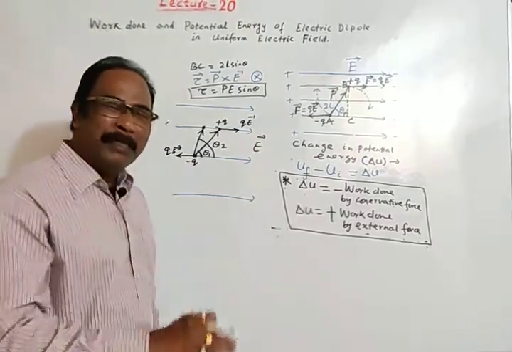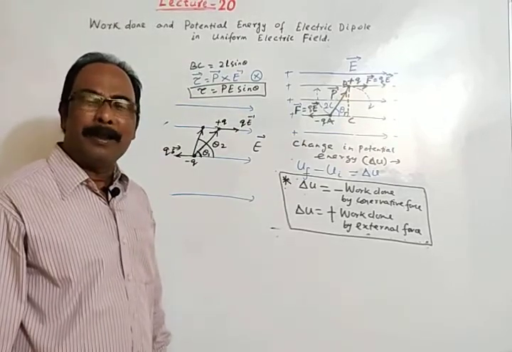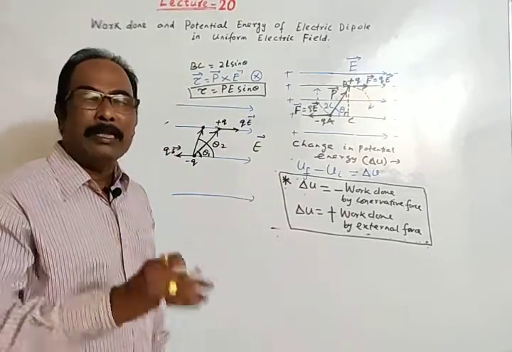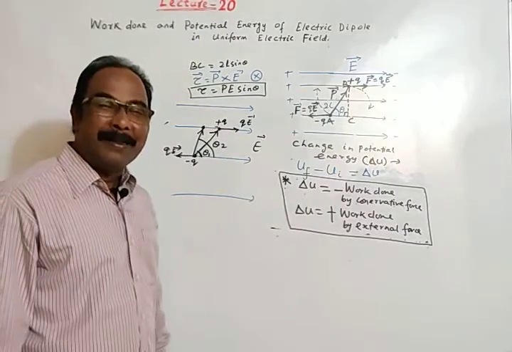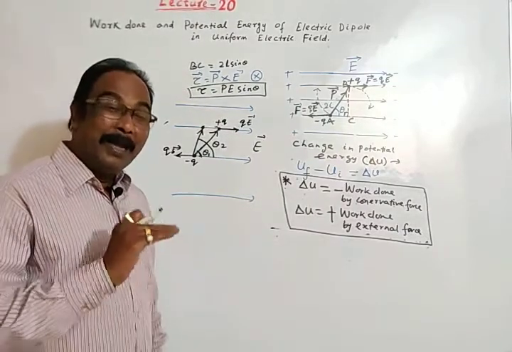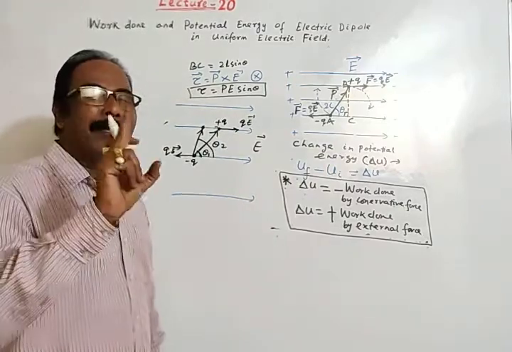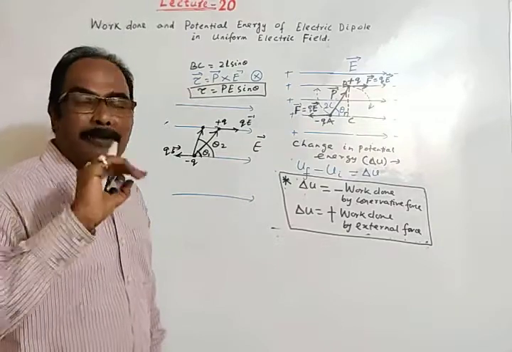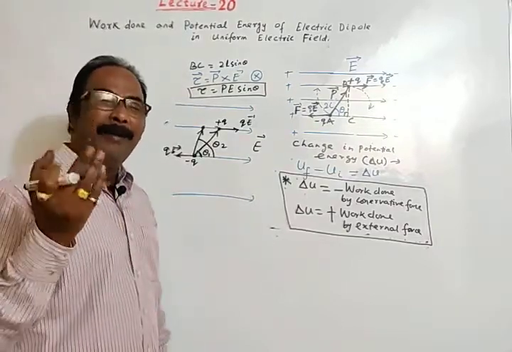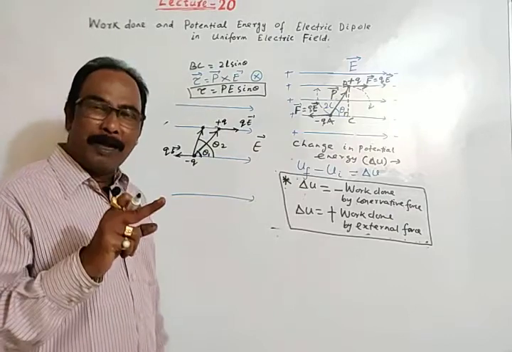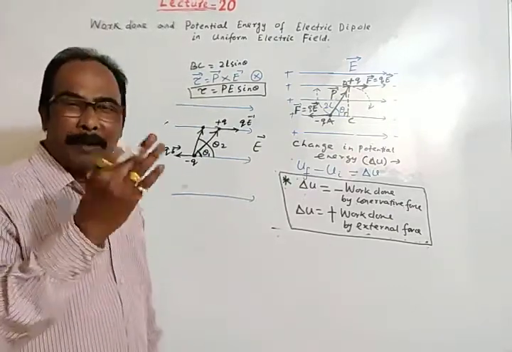Again, you know the basic concept: while finding change in potential energy, the speed should be kept constant. Means when we calculate change in potential energy, kinetic energy is kept constant. In linear motion, linear speed is kept constant. In rotational motion, angular speed is kept constant.